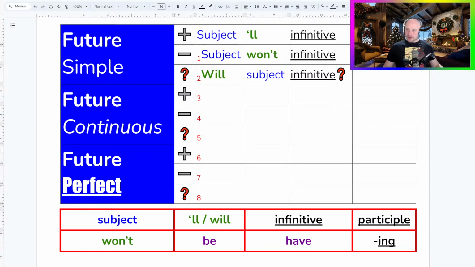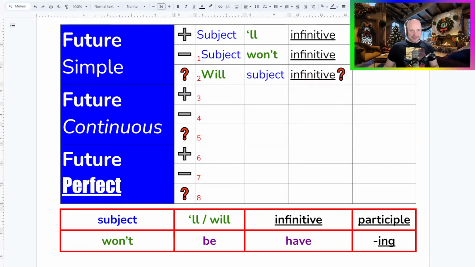So Julia coming in with the answer there. Future continuous: subject plus will plus be plus gerund. Yeah, gerund. So the ing form can be called a gerund. However, a gerund is when the verb functions as a noun.